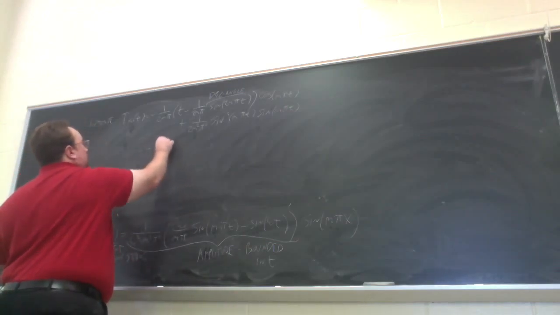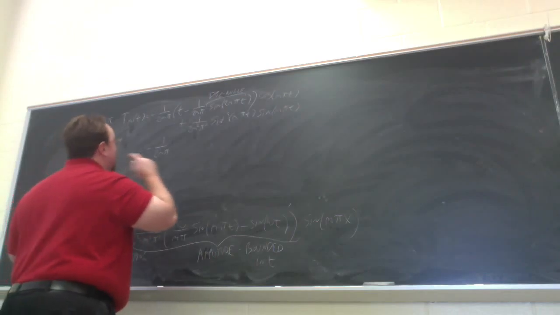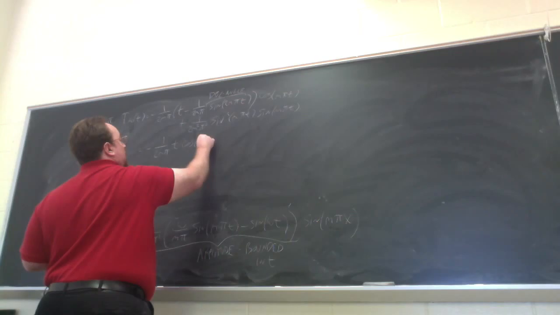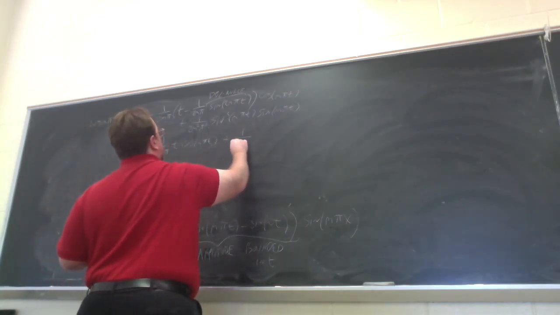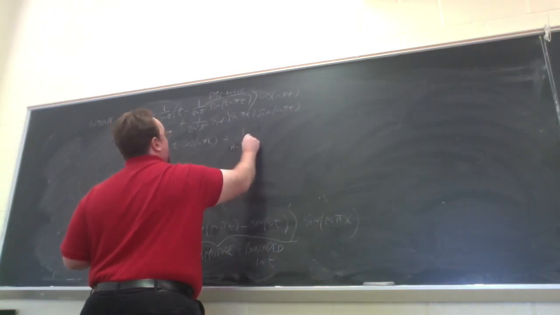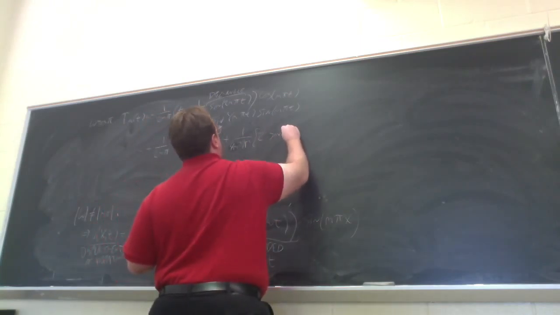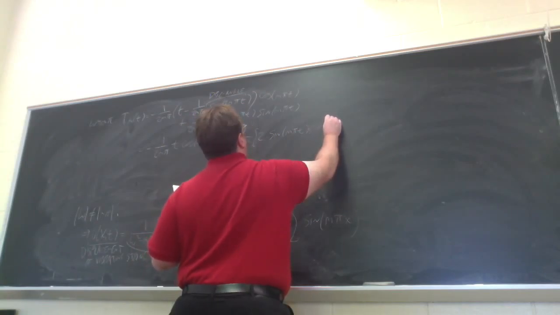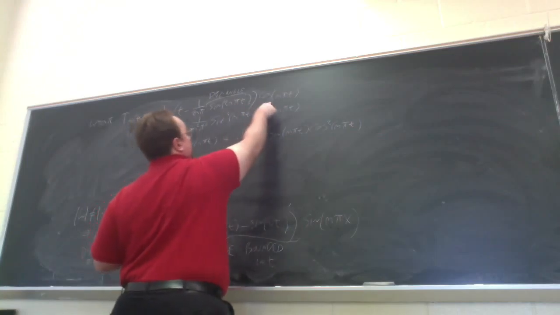All right, so we have t cosine m pi t plus 1 over 4 m squared pi squared 2 sine m pi t cosine squared m pi t, because we get 1 from here and 1 from here.